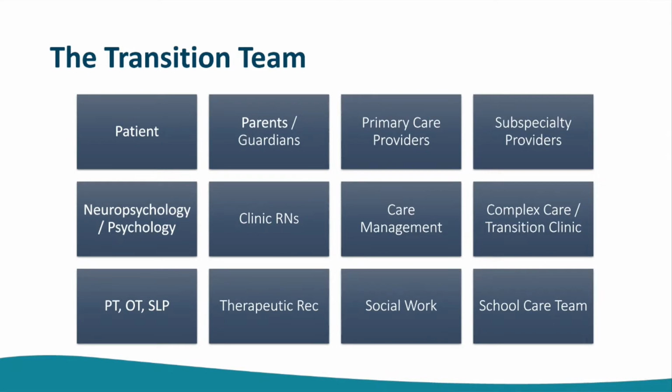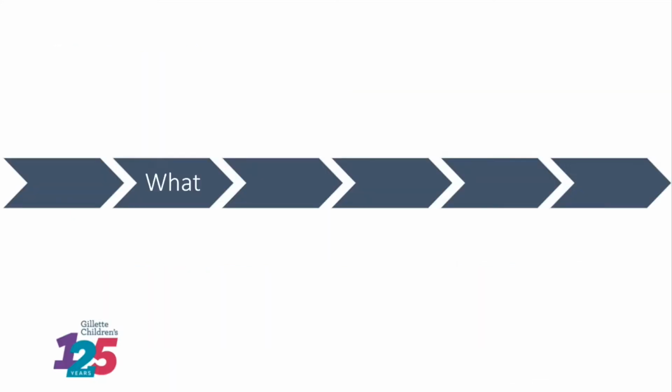Social workers are there to help with all of our insurance issues that come up, guardianship related things, as well as the social supports that are necessary for this to go smoothly. And then often under recognized, but school is also doing their own transition, and how can we better partner with them as well? I'm sure I've left people out. A little bit of transition together.